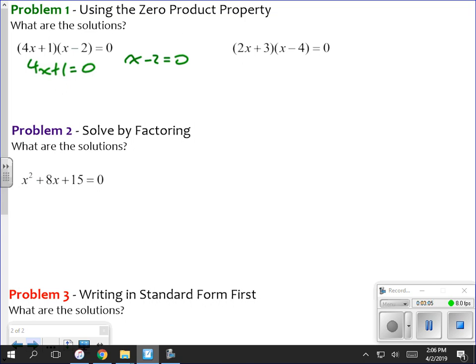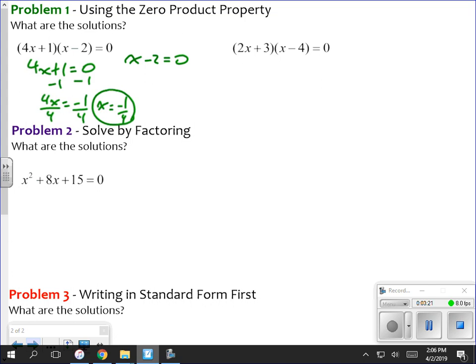On the first one, I subtract 1 from each side, and I get 4x equals negative 1. Divide both sides by 4, and I get x equals negative 1/4, and that's one answer.